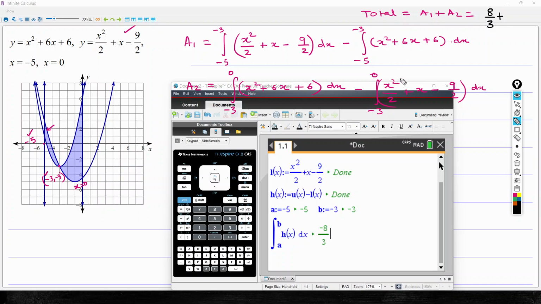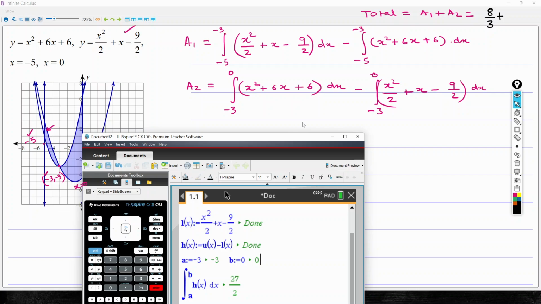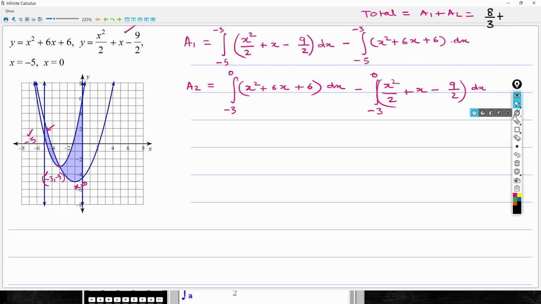And then we need to calculate the second area. And the second area will be from a equals to negative 3 to 0. And this time also you will get a positive or negative. You have to convert to a positive area. That makes it 27 over 2. So 8 over 3 plus 27 over 2.